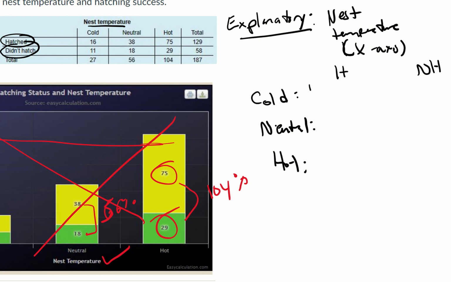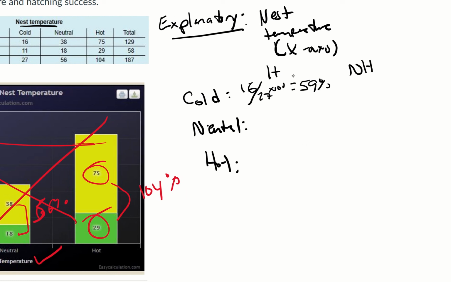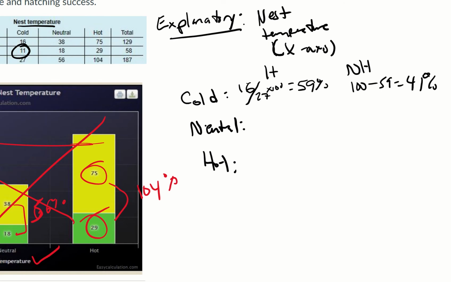So the cold, we have 16 that hatched that were cold out of a total of 27. And then we times that by 100, and then I'll get that percentage. Yeah, times 100 is about 59%. We're just going to round it. And so if that's 59%, that means that this has to be 100 minus 59%, which is 41%. I'm using the shortcut to get 41%. You could use 11 out of 27, but you're going to get about the same answer.